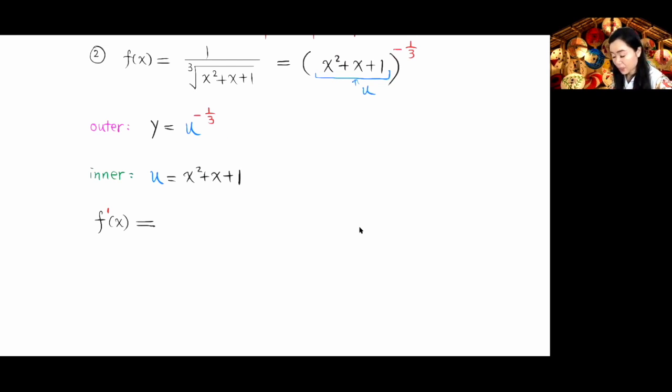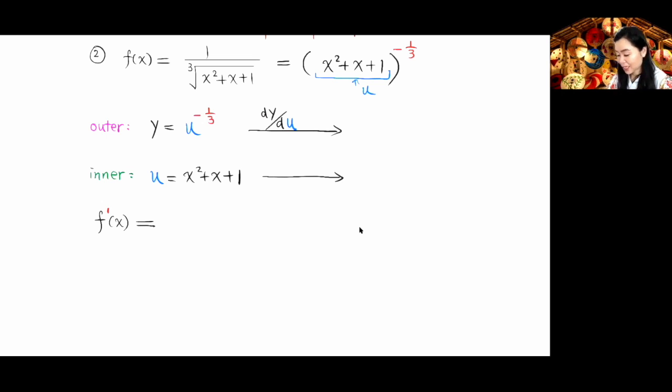Now we're going to use the chain rule to differentiate. Now you see I wrote down every step here. Actually, these two are the thinking process. In the future, you can actually skip these two steps. Okay, so the derivative of this y with respect to u. What's the derivative of this outer function with respect to u?